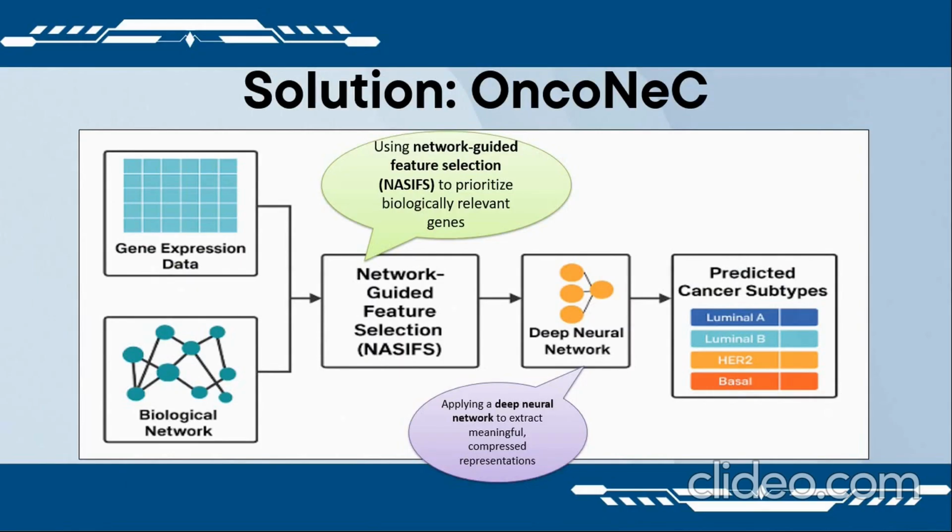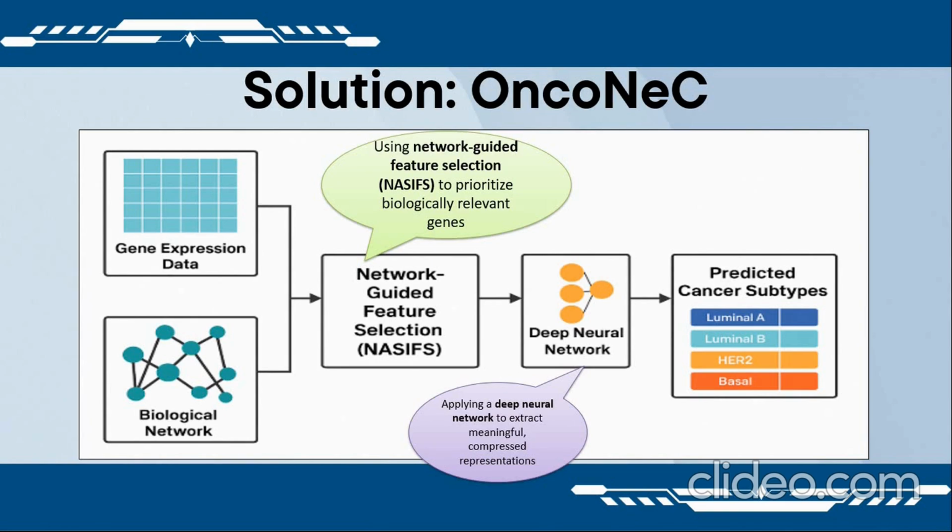We call it OnConnect, an intelligent network-guided feature extraction and classification framework. It starts by weaving biological network information directly into the analysis, ensuring that every feature isn't just mathematically relevant, but part of the real biological story.